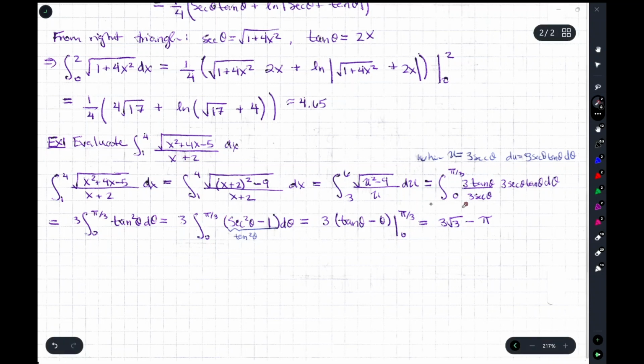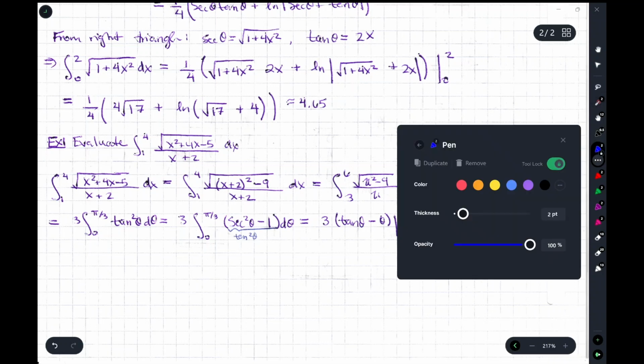So that was easy to do, because these common angles, 0 or pi over 3, we know. And so we did that substitution, and we end up with this term here, and our final answer after evaluating is 3 times root 3 minus pi.